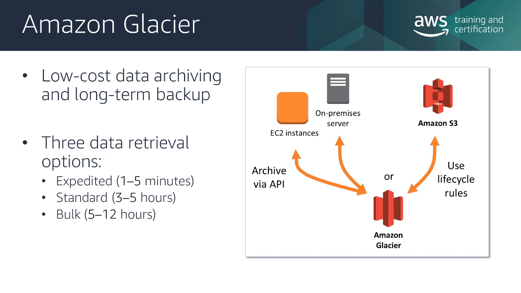It's not considered available as far as data retrieval. When you make the API request, standard retrieval, you're looking at 3 to 5 hours to get your data back. In bulk retrieval, it could take half a day. As long as your data needs, say retrieval can wait this time, Glacier is incredibly cost effective.